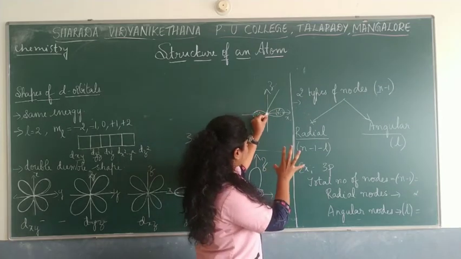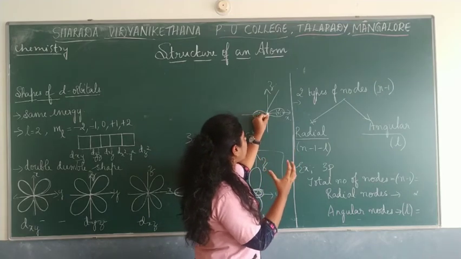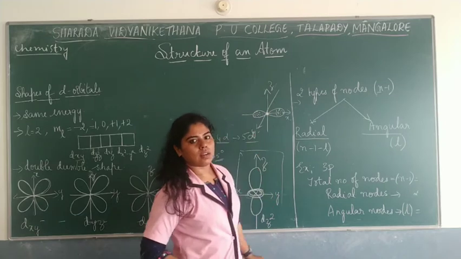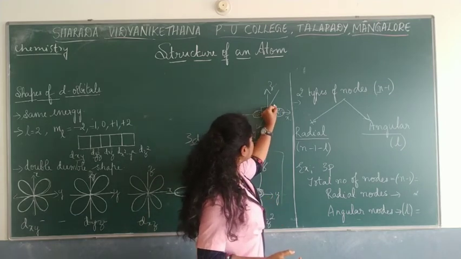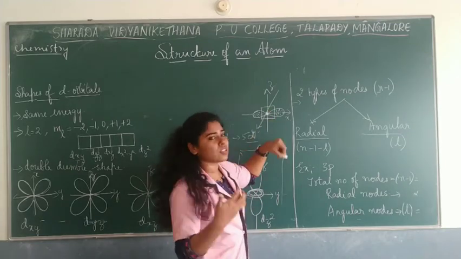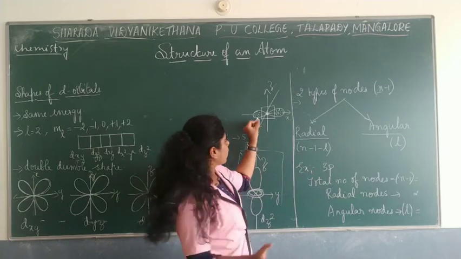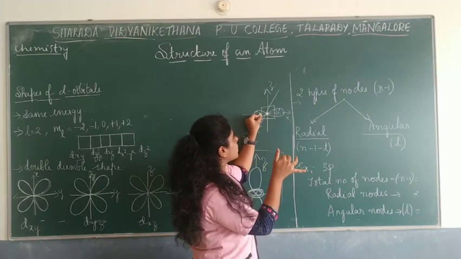So in the center, if you are talking about this, the radius or the distance from the nucleus to the particular shell, here there is a region which is covered up where there is no chance of finding an electron. So here there is no probability of finding an electron. That is from the center to that space where the electron density starts from.